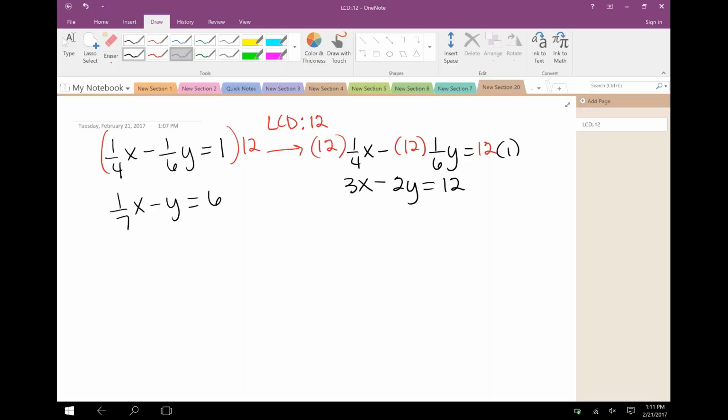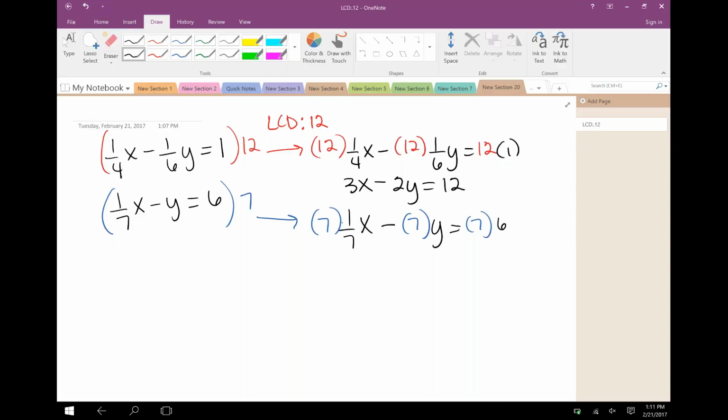So what number can I multiply everything by in the second equation to get rid of the fraction? Well, that's an easier one. It's just 7, because that's the only denominator we have. So when we do that, we have 7 times 1/7x minus 7 times y equals 7 times 6.